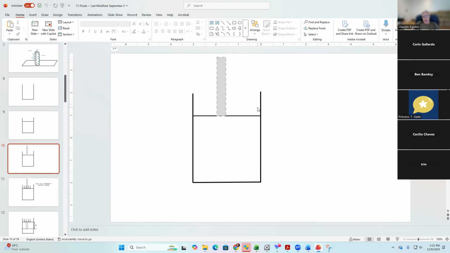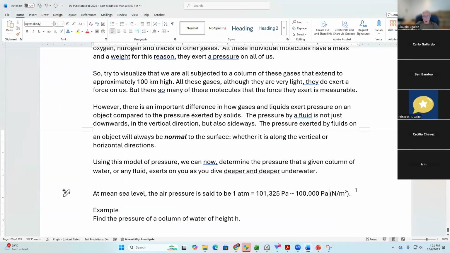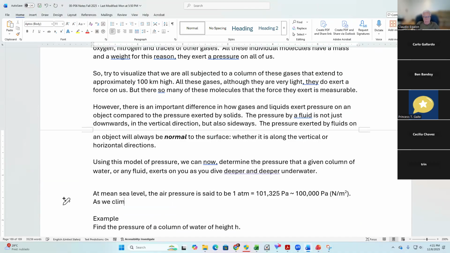As we climb higher and higher, this column of air becomes shorter and shorter, and the pressure decreases. Let's write it down. As we climb higher and higher, the length of the column of air becomes shorter and shorter.